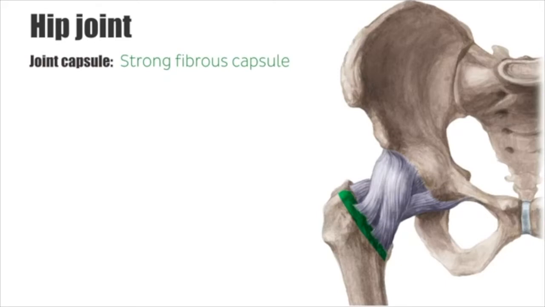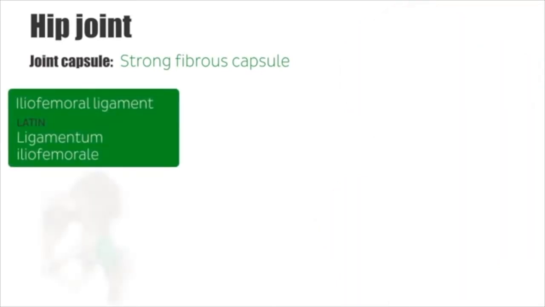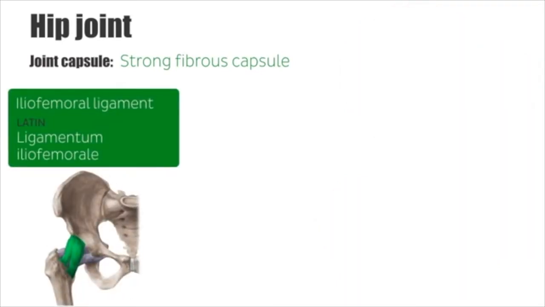And the capsule is strengthened and reinforced by the help of 3 ligaments, anteriorly and superiorly by the iliofemoral ligament, which connects the anterior-inferior iliac spine and the acetabular rim to the femoral intertrochanteric line, and the iliofemoral ligament is the strongest of the hip joint ligaments.